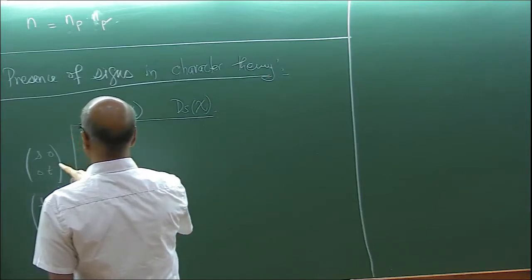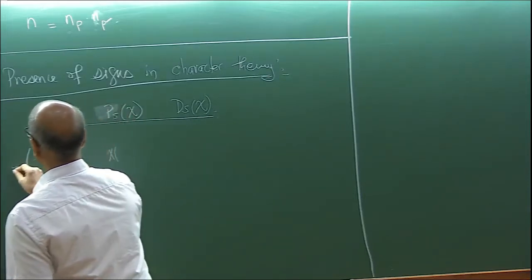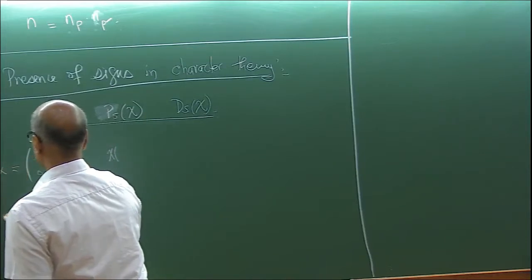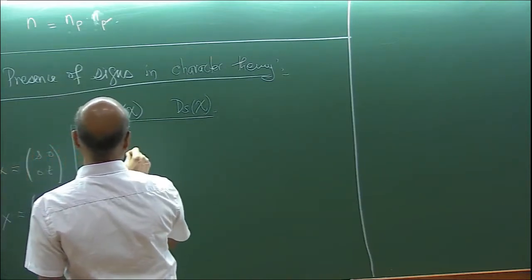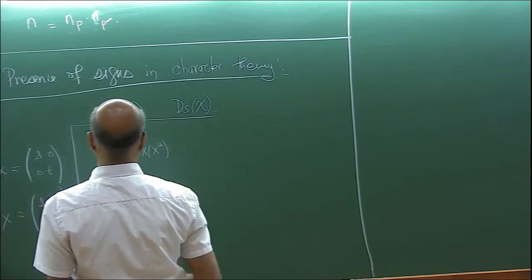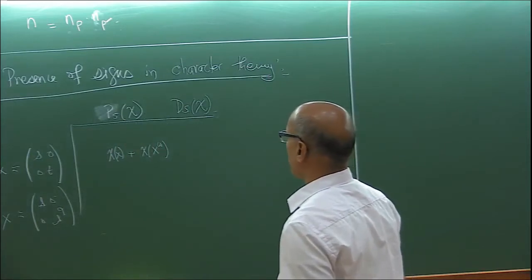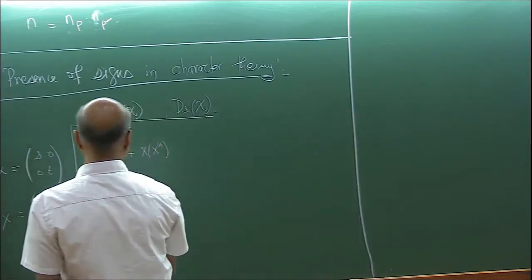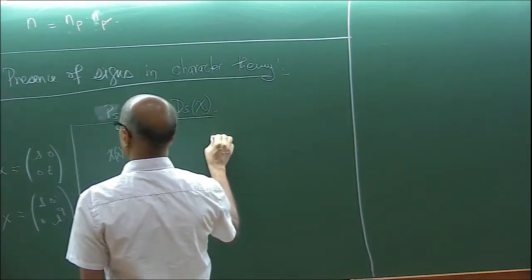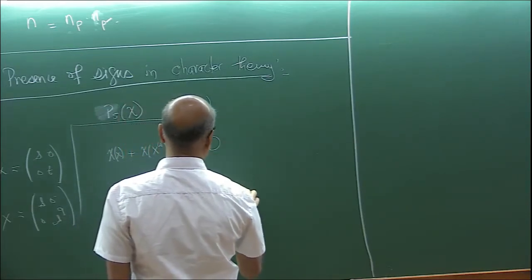The character value of the principal series at this element is chi(x) plus chi(x w), the sum of these two. And here it is 0, and here it is 0.